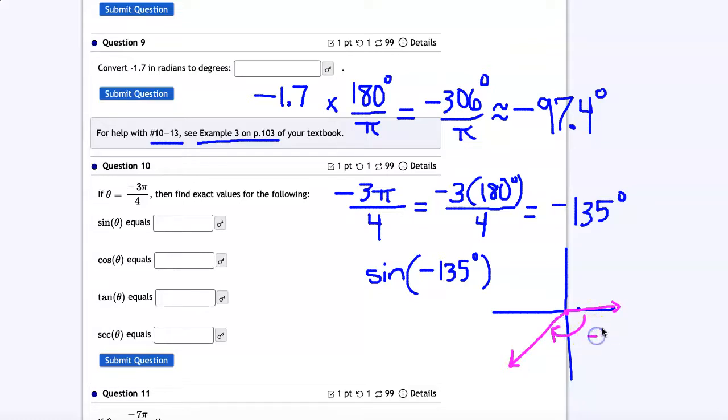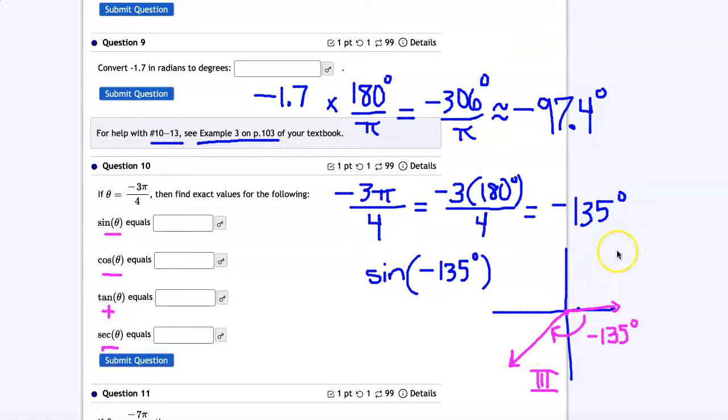So that's negative 135. Now from that, you can see that your sine and cosine values will be negative because you are in the third quadrant. Because you are in the third quadrant, you have a negative sine, you have a negative cosine, therefore you also have a negative secant, but tangent is going to be positive.